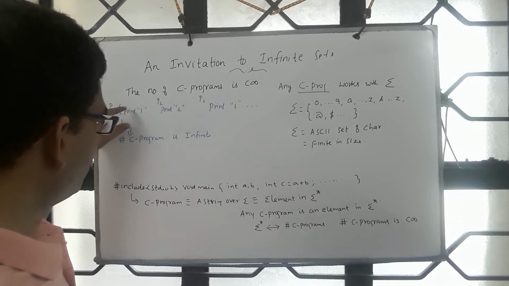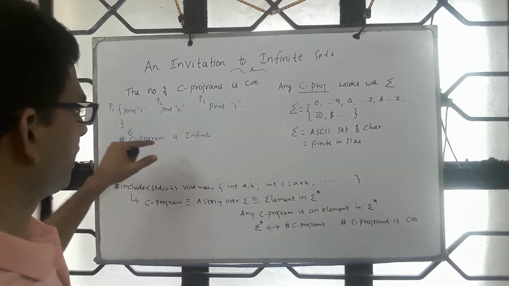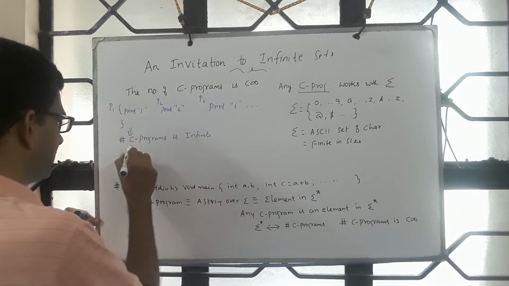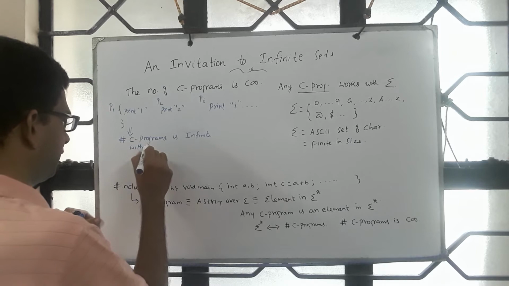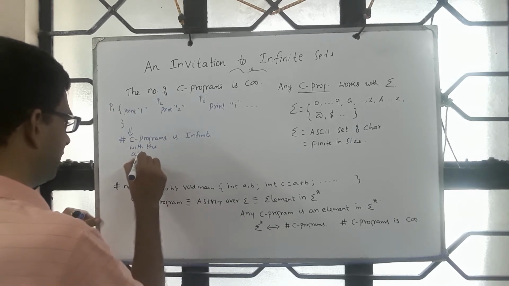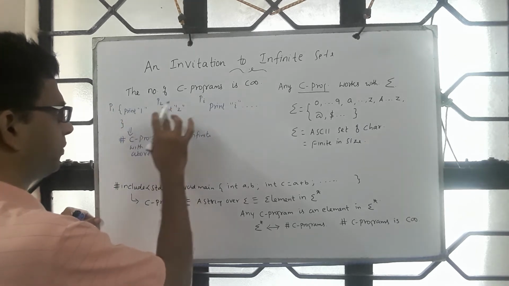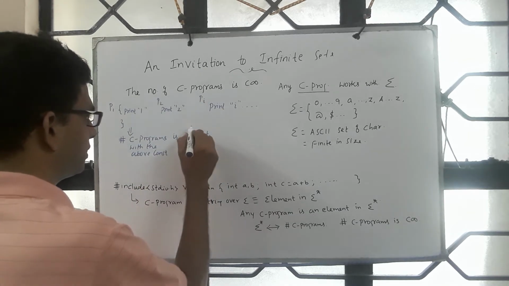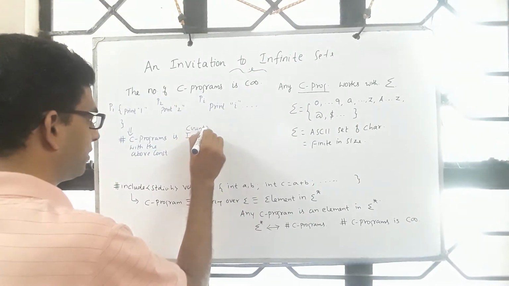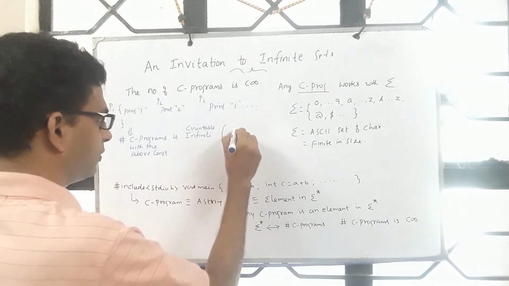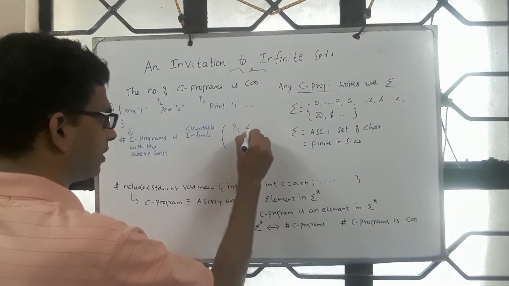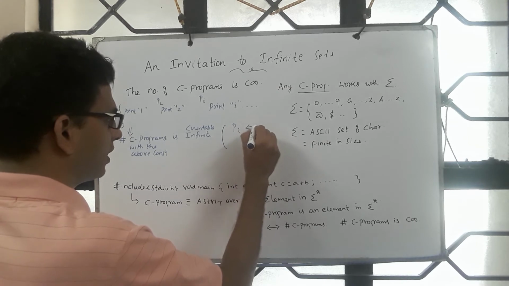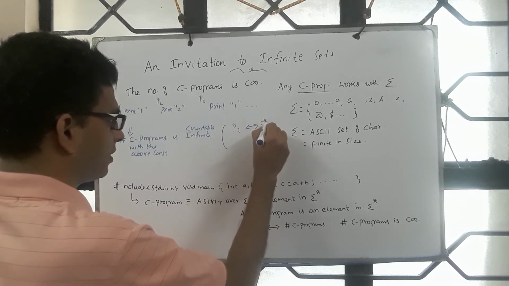So the number of C programs with the above constraint, meaning it consists of just one statement, print 1, print 2, and so on, is countably infinite, as you have a bijective mapping between the listed programs p1, p2, and so on, and the ith natural number.